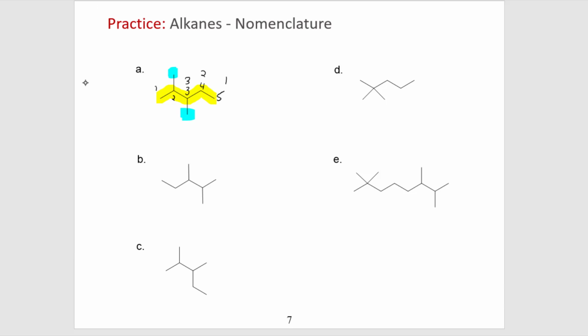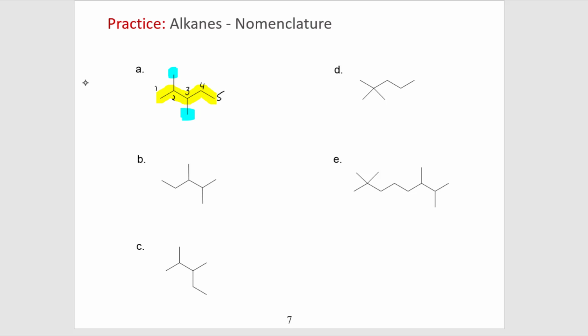If you order the numbers from left to right, you come across the first substituent at carbon 2. If I'd started numbering in the opposite direction, the first substituent I would hit would be carbon 3. So I want to choose numbering my parent chain so that the first substituent I get to has the lowest number. So I actually got lucky in numbering it from left to right in this instance.